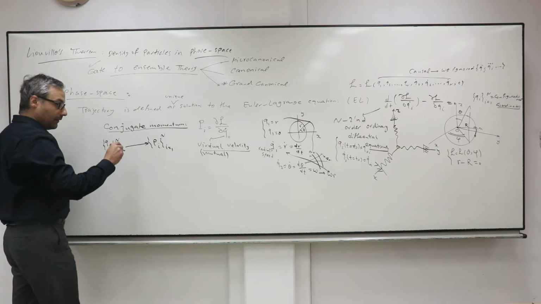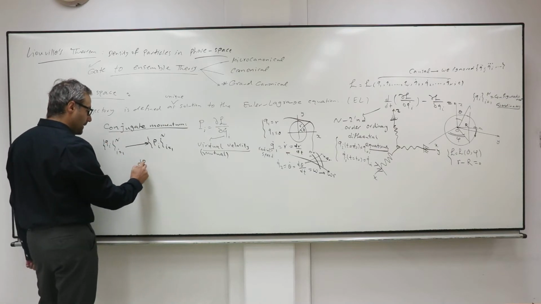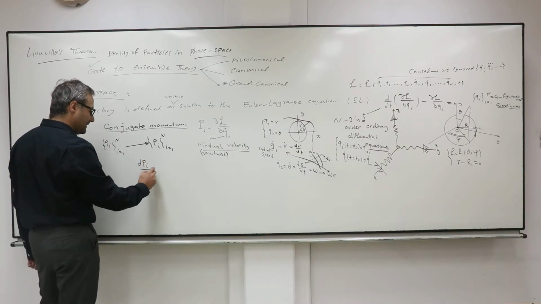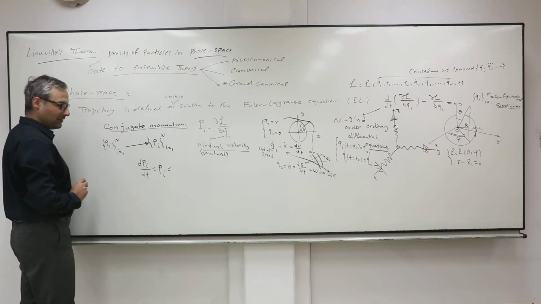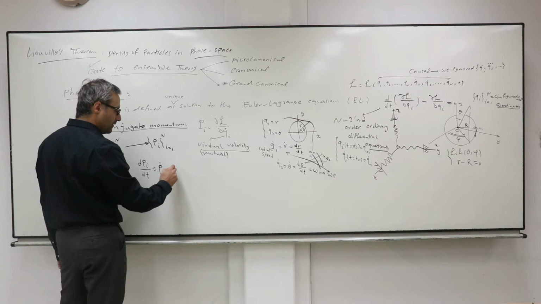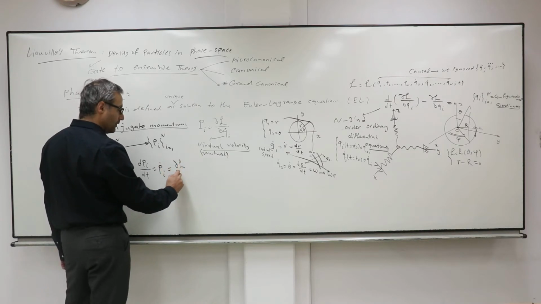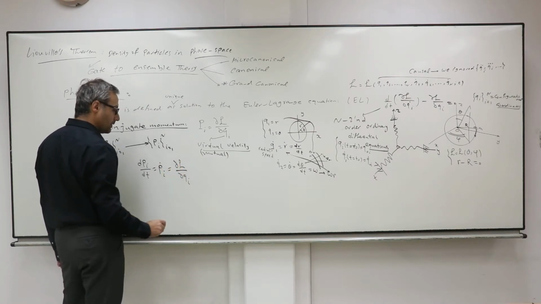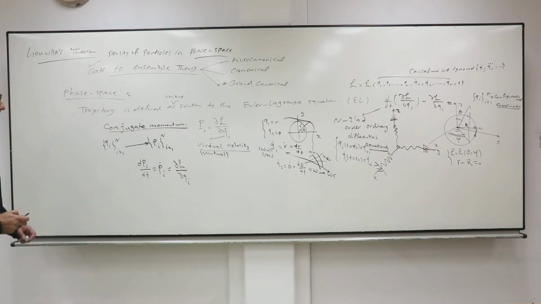And you can rewrite the Euler-Lagrange equation like that: dp_i/dt, and it is very common to use the dot notation. So p dot i is the partial derivative of the Lagrangian with respect to q_i. That's all. This is a representation of the Euler-Lagrange equation in terms of the conjugate momentum.